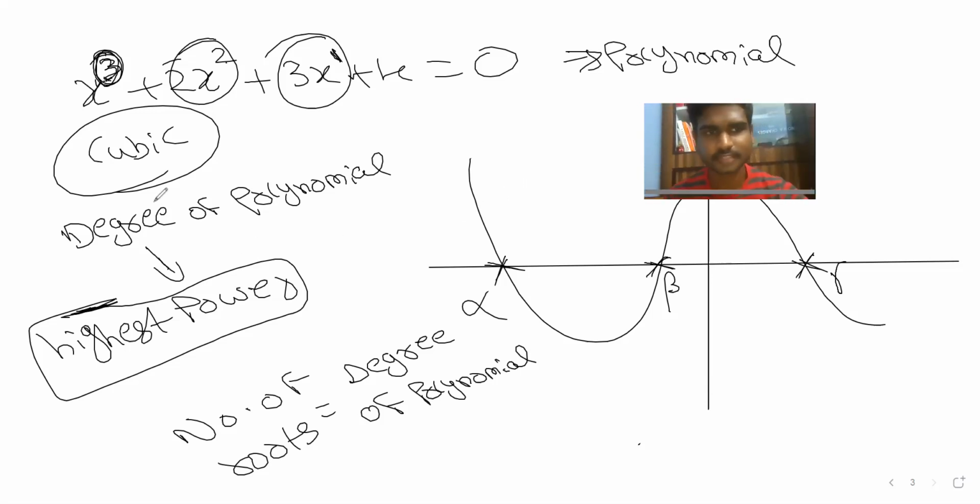Remember this degree. Now, in the same way, polynomial means many, right? Poly means many. It can have power 4 also, right? Now, is there an equation where there is no zero? For any equation, if there are no zeros, you will get a curve like this.